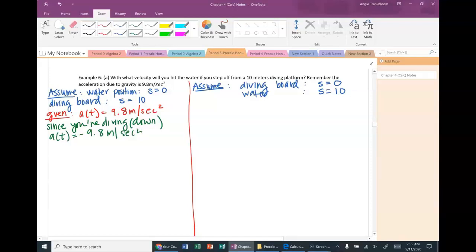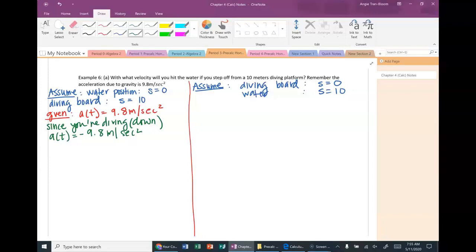Now on the right side, because we're making the water higher than the diving board, we are setting the problem up to be a positive acceleration. Now you're going to end up with the same answer, except that when you are interpreting it, you just have to use the word diving or going downward or something similar to that effect. So we'll do both ways.